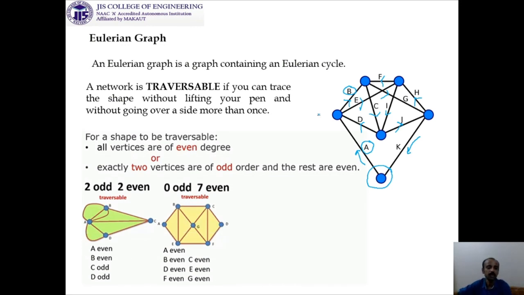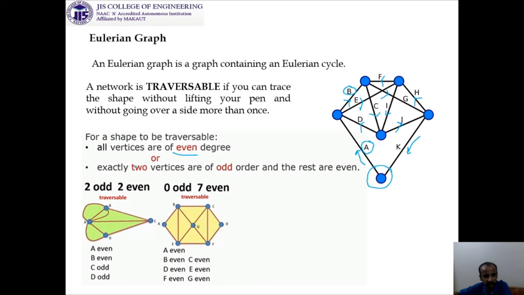Before that, please follow this information. For a shape to be traversable, if you want to check this one is traversable, all the vertices are of even degree. Look at this, all the vertices in this graph are of even degree.